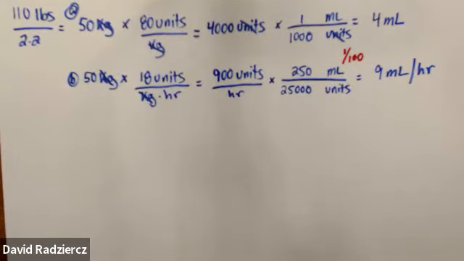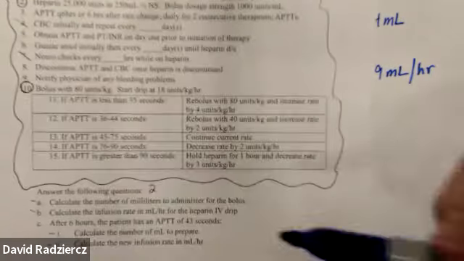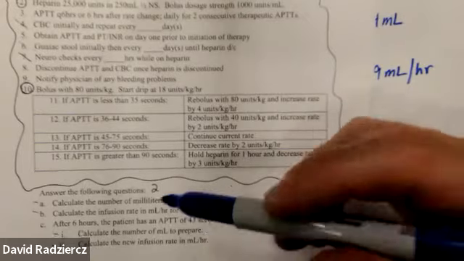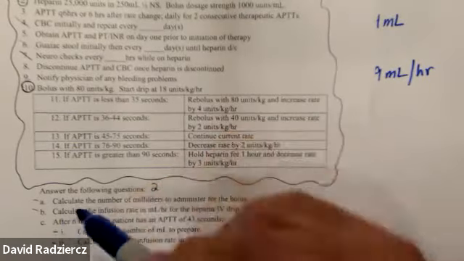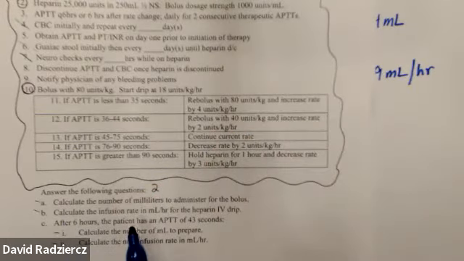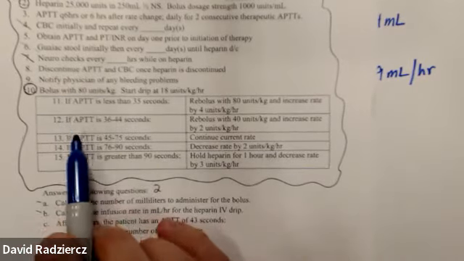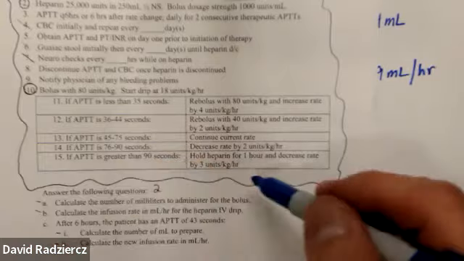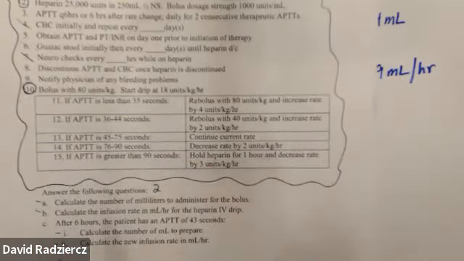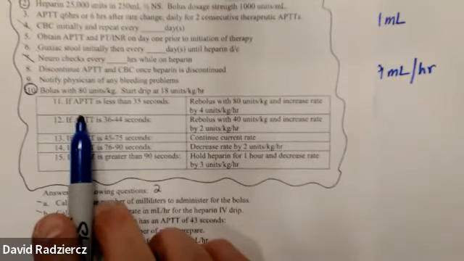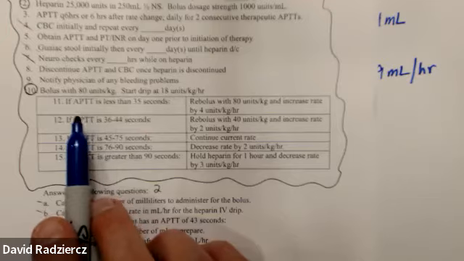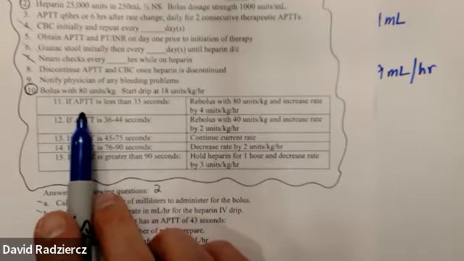In C part 1 and C part 2, we're basically doing the same thing, calculating a new bolus and a new flow rate, but we have some new information. After 6 hours, the patient has an APTT of 43 seconds. So we look at the protocol. The boxed-in steps 11 through 15 are relative to reevaluating their APTT.